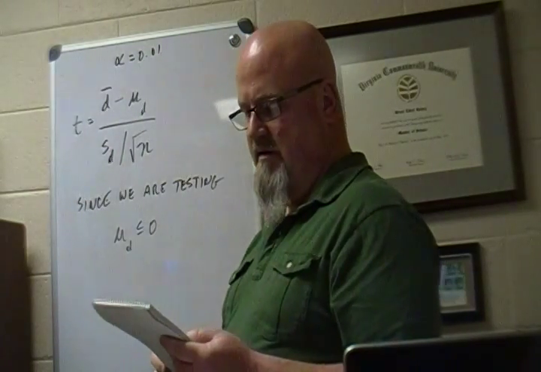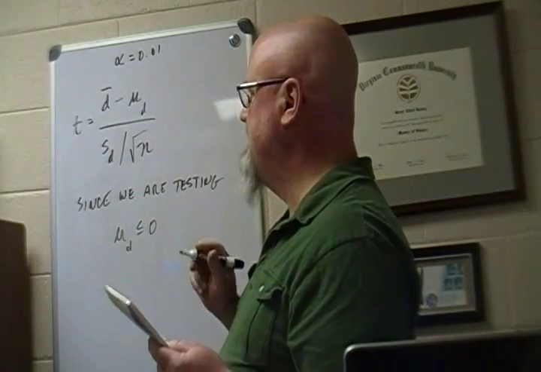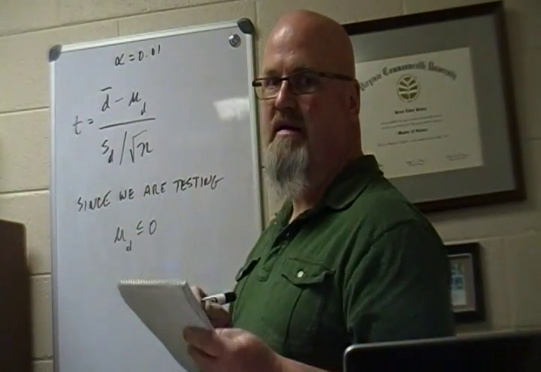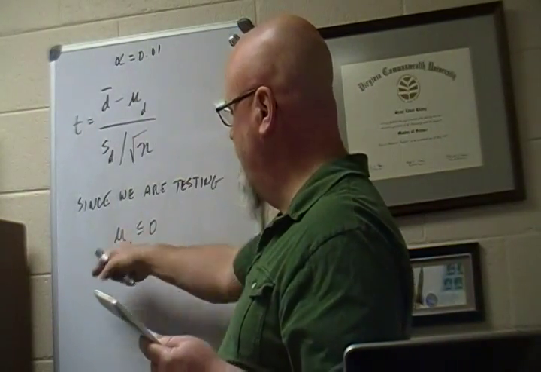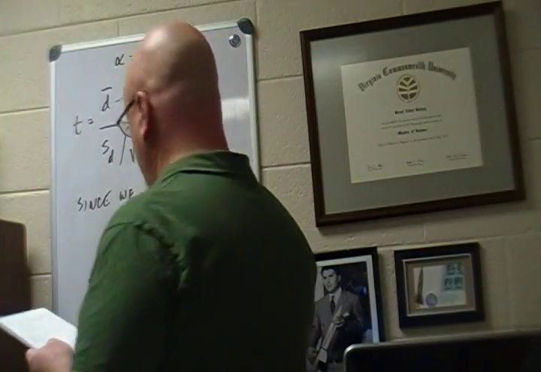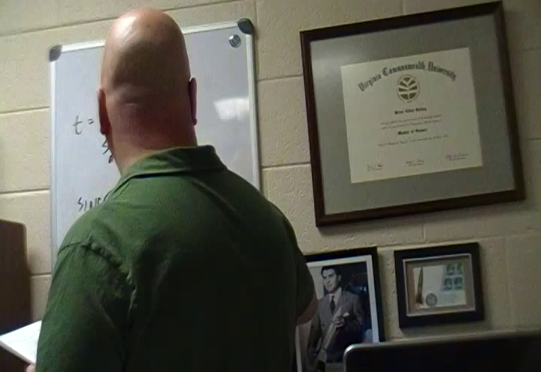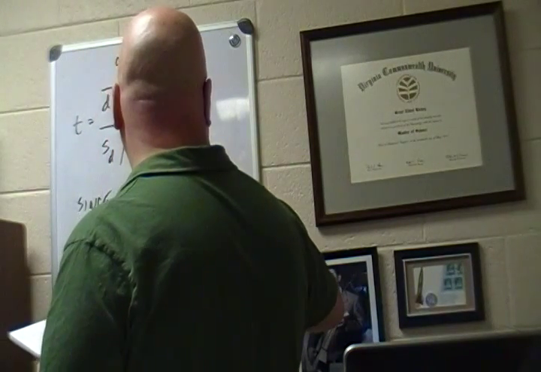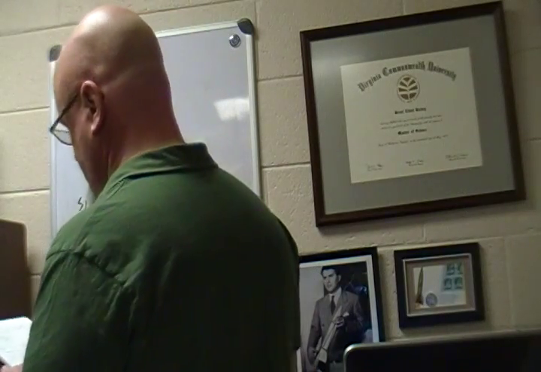That's what we're testing. We'll just assume it equals 0 for the sake of our test statistic, and then the whole test region past that, or the whole reject region past that, will take into account for the ones that are less than. So we assume, if you would, mu sub d is equal to 0 for this.